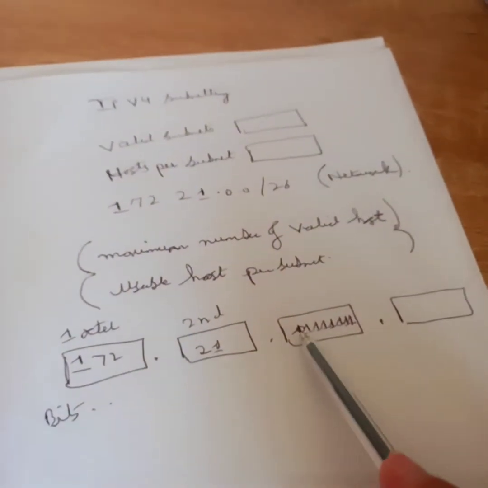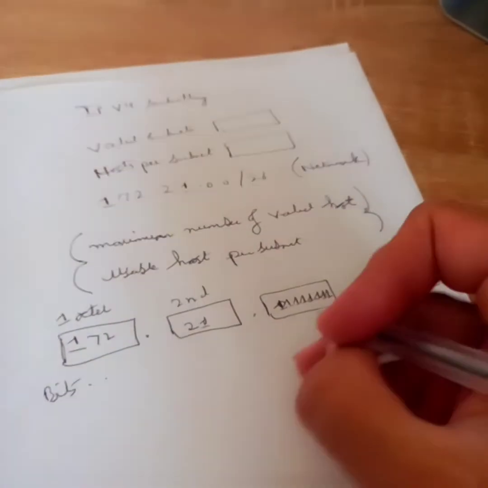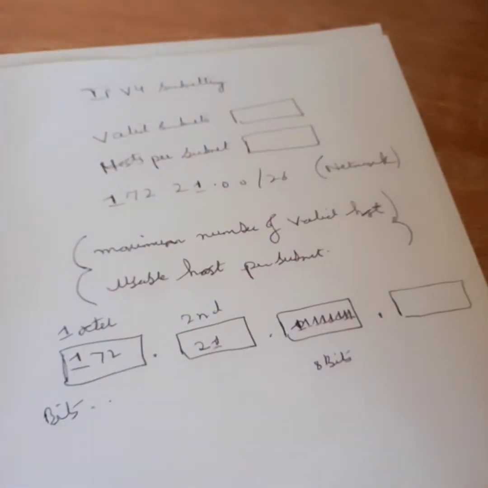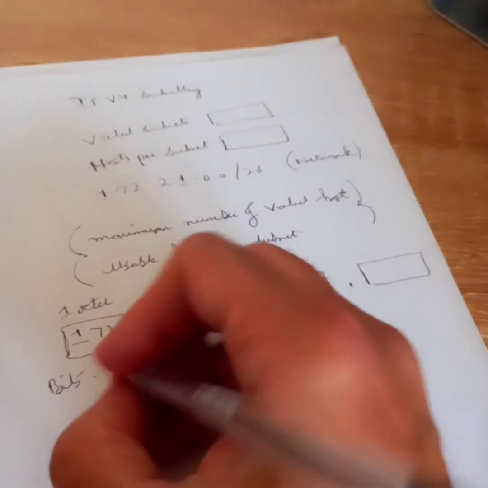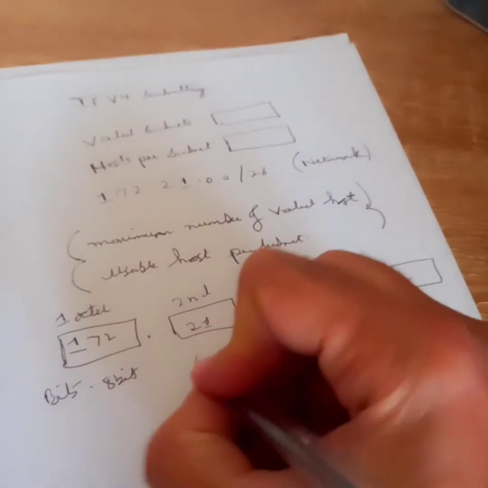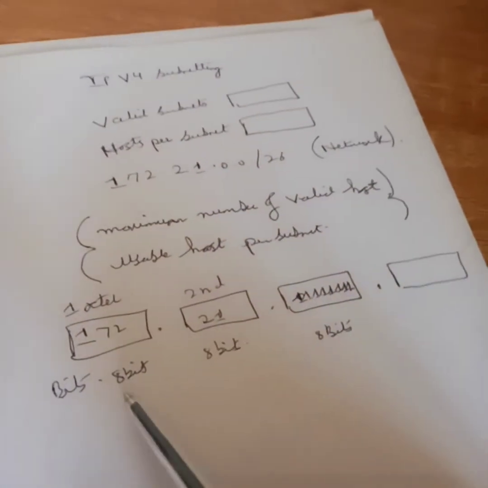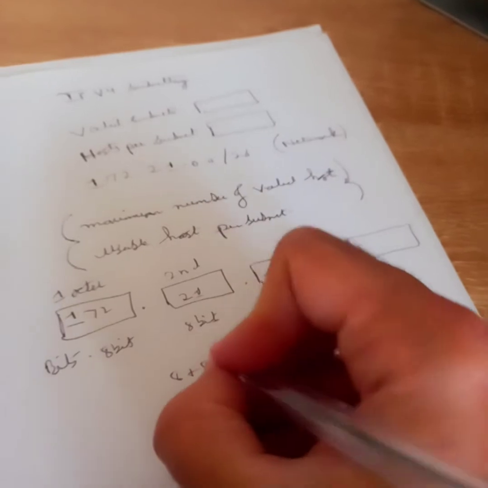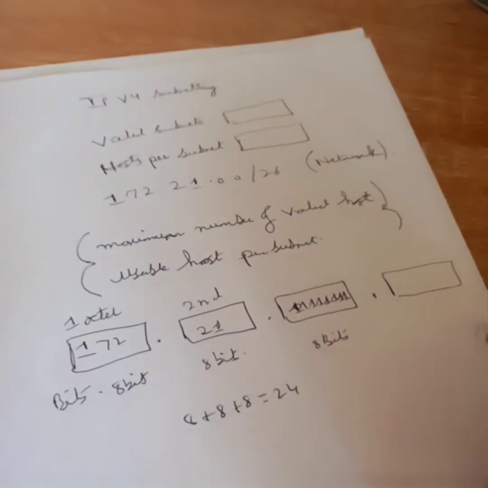So we got 8 values here, that's our 8 bits. That's the first thing you need to do. To make it more prominent, 8 plus 8 plus 8 is equal to 24. Right, so now 24 is here.